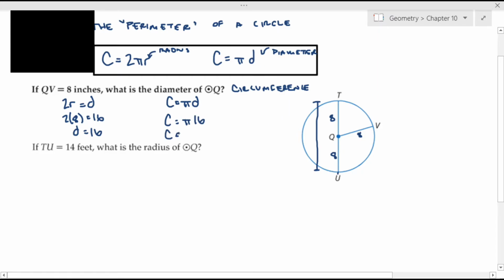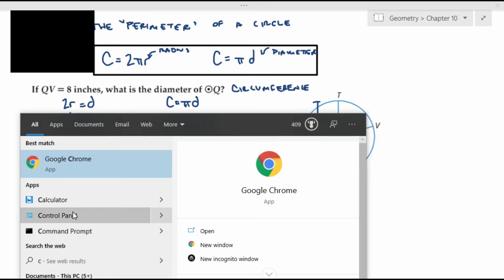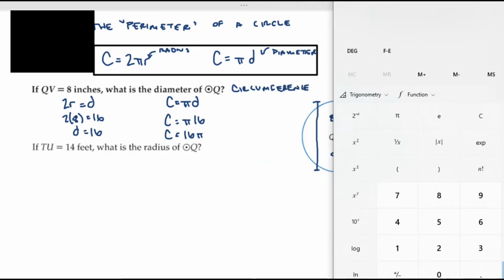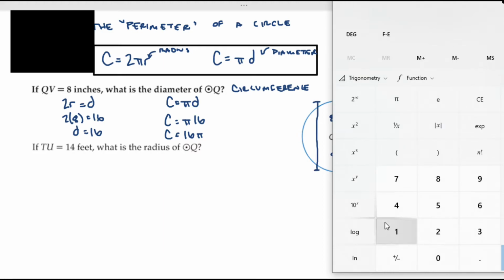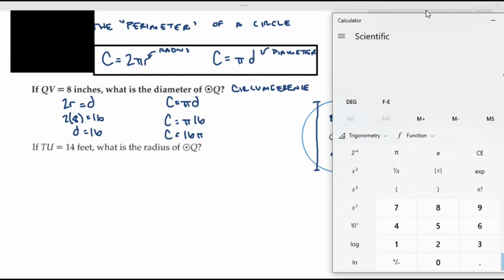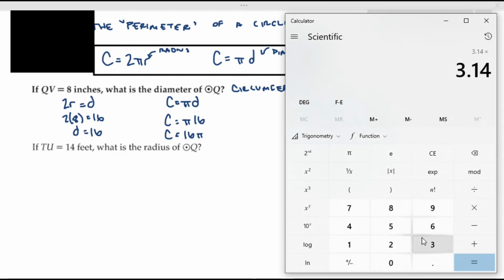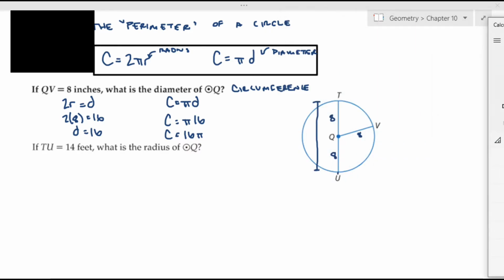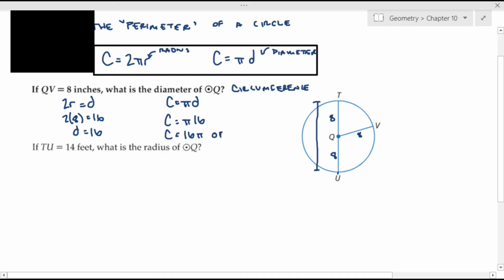So 16 pi would be the exact answer, but if we wanted to round it with a calculator, we could use 3.14. 3.14 times 16, rounded to the nearest hundredth, is 50.24 inches. So either one of these answers is correct.